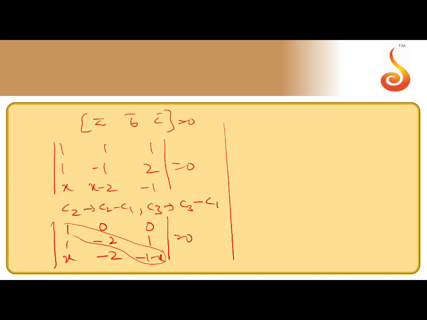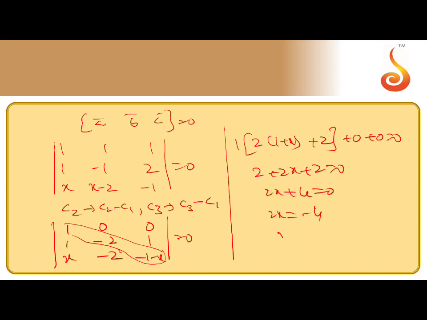So 1 into 2 into (1 plus x), because minus 2 is there, plus 2; the remaining two terms are 0. So 2 plus 2x plus 2 equal to 0. So 2x plus 4 equal to 0. 2x equal to minus 4, x equal to minus 2 is the answer here. Because these two are already 0, you only need this part of the determinant to get the answer directly, without expanding completely.